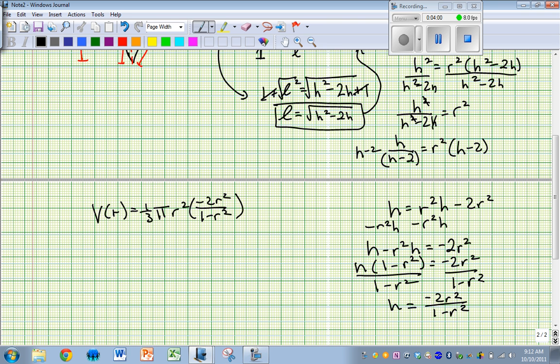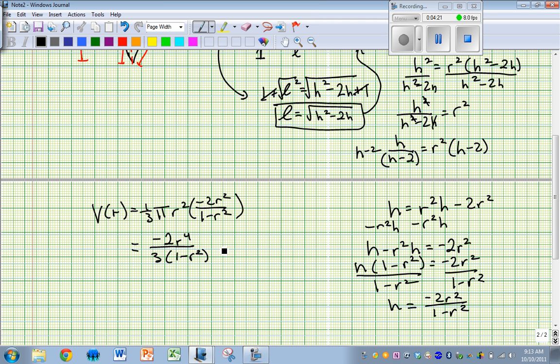So to simplify all of this mess, this is an answer, but I'm just going to simplify this mess. So I have negative 2r to the 4th over 3 times 1 minus r squared.